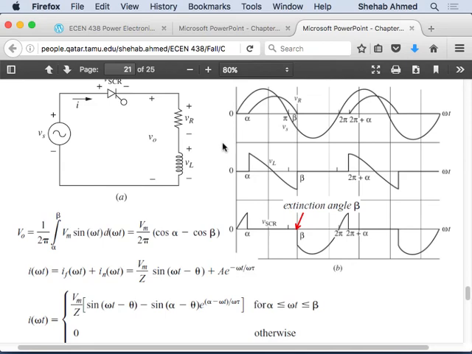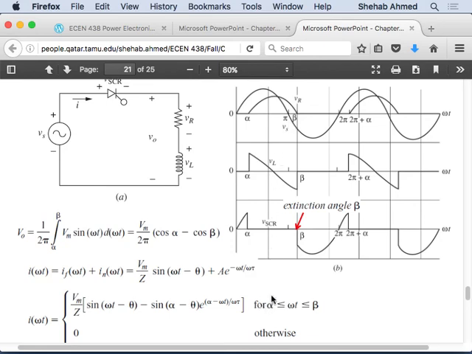Here we added the L. When we added the L, we saw what happens to the waveform. And again, what do you note about the current equation? Exactly the same. It's the same equation. It's voltage over the impedance plus A e to the minus t over tau, because the current shape is the same, right?